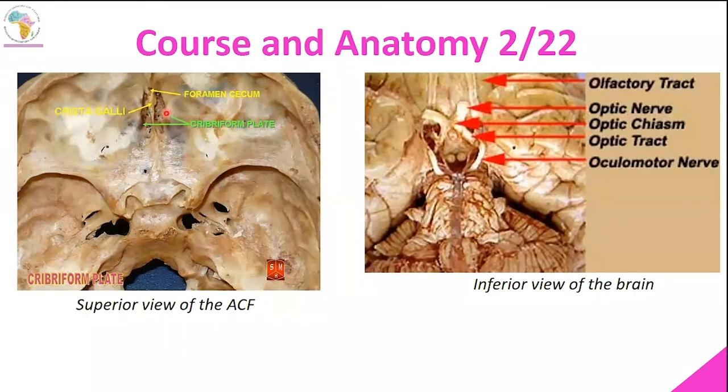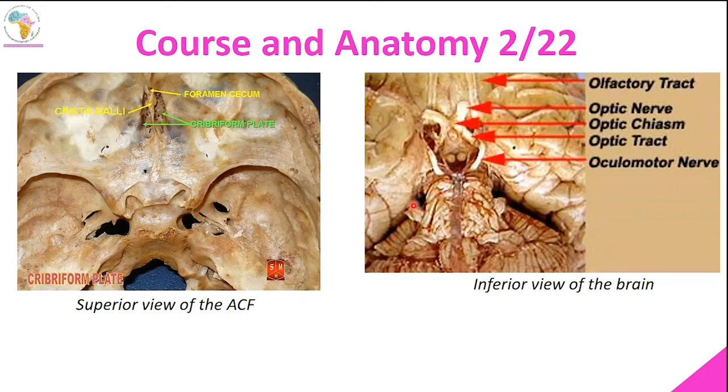The openings right there are the openings in the cribriform plate that allow for the communication of the olfactory nerves with the intracranial structures, specifically the olfactory bulb, and these project axons to various parts of the brain, such as the parahippocampal gyrus, as well as the entorhinal cortex, which are responsible for processing information associated with smell.